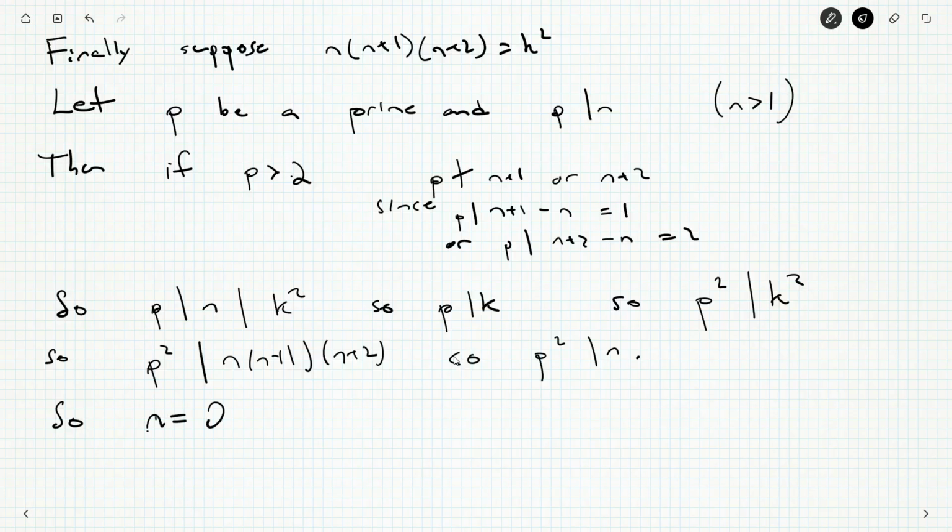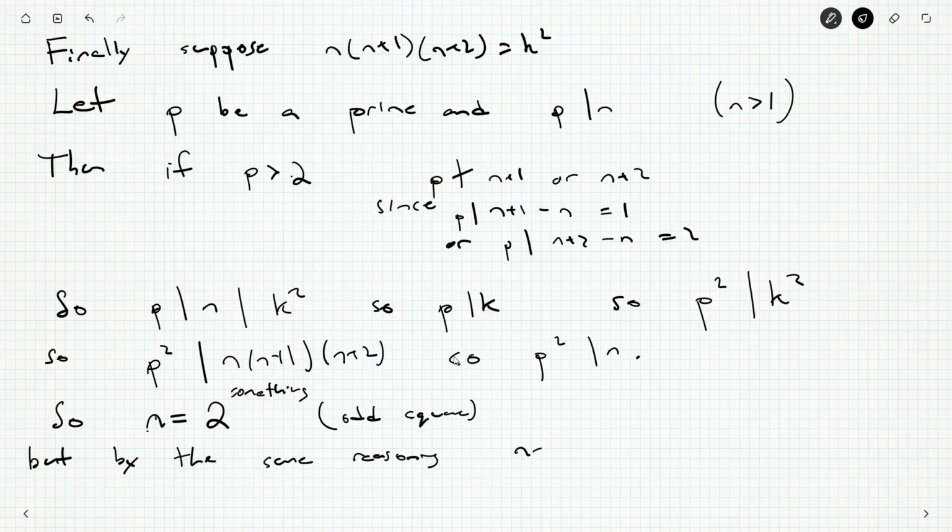n must be some power of 2, because we can't rule that out. So 2 to the something, it could be 2 to the nothing, times an odd square. But by the same reasoning, n plus 1 must also be 2 to the something, and one of these has to be odd, so one of these somethings will be 0, times an odd square.